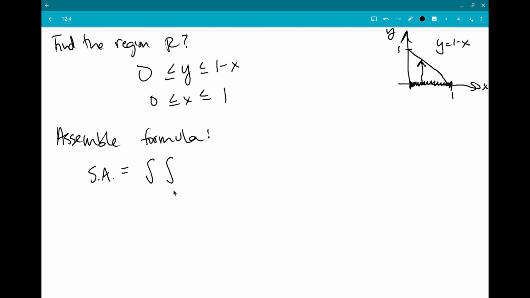It's going to be the integral where I take y from 0 to 1 minus x and x from 0 to 1. So I'm integrating with respect to y and then with respect to x. And the thing that I'm integrating inside is just that square root of 1 plus fx squared plus fy squared, which we found out was just root 3. So root 3 can come out front. It's not doing anything.